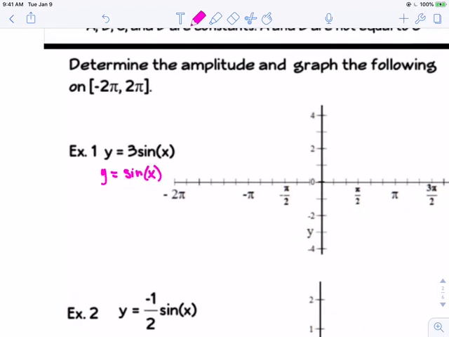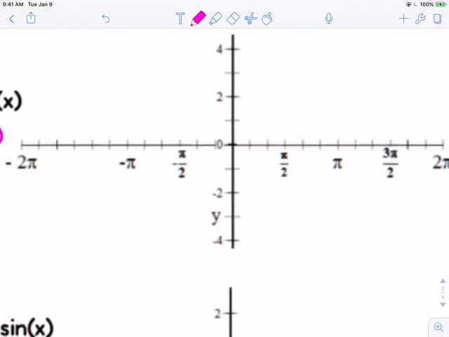Now let's go through certain values that we know from the unit circle. If you look at my hand right here, if I go negative 2 pi, sine of that is what value? Sine is y or x? Y. Okay, how tall is my y when I go 2 pi? 0. So what's sine of negative 2 pi? 0. So plot a 0.